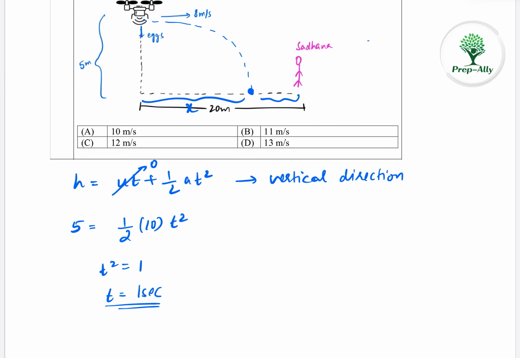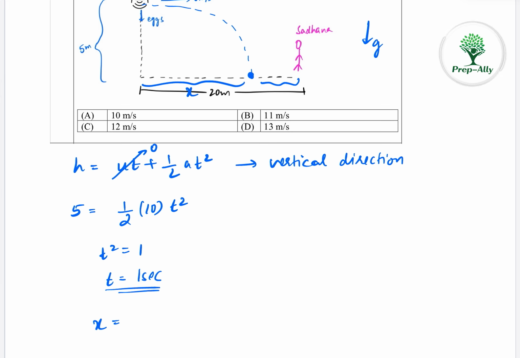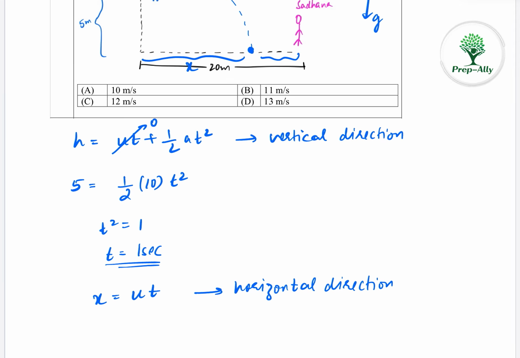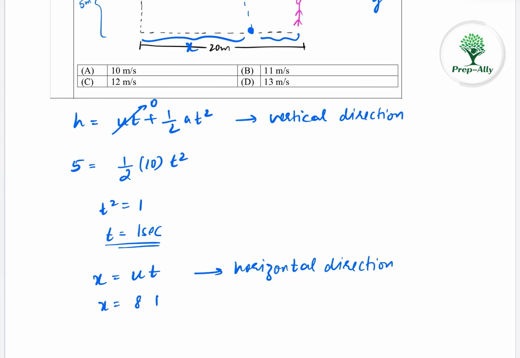Now what is x? See, there's only acceleration downward g. There is no acceleration horizontally. So you can now say that x will be equal to u into t. This is in the horizontal direction. So x is going to be, u is 8 and time t is 1 second.